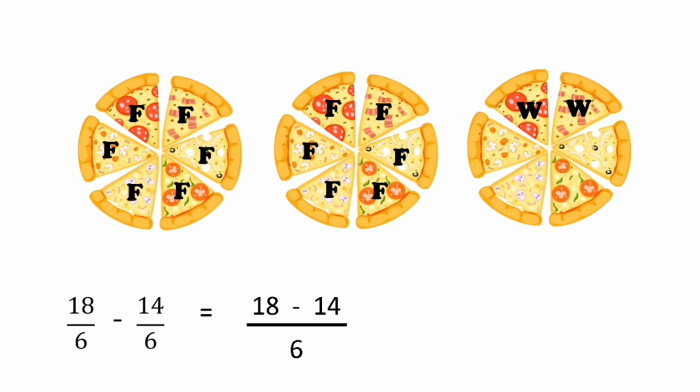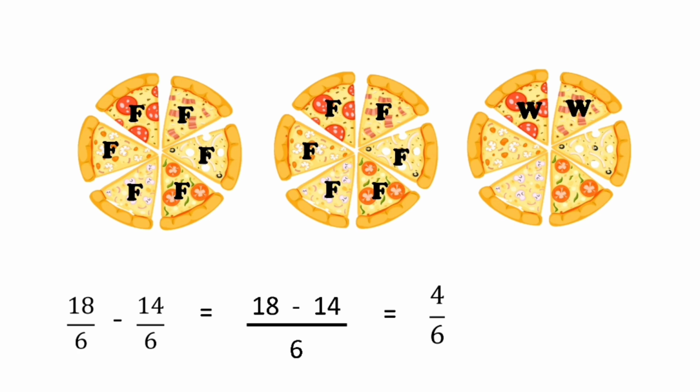We just need to subtract the numerators. So 18 minus 14 will give us, take some time to work it. Yes, 4, and we write our fraction now as 4/6 because the denominator remains the same, and the 4, which is the difference of 18 and 14, will be the numerator.